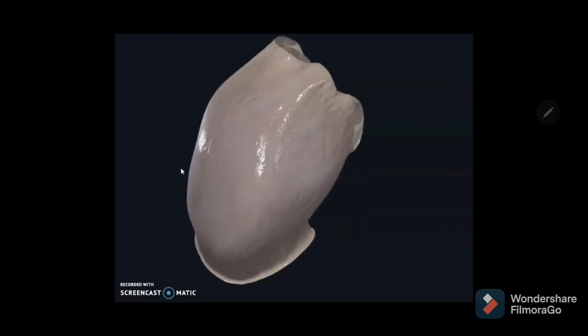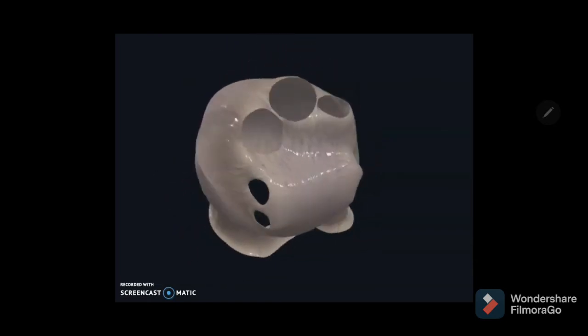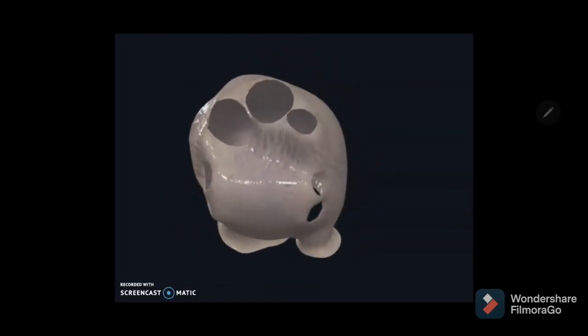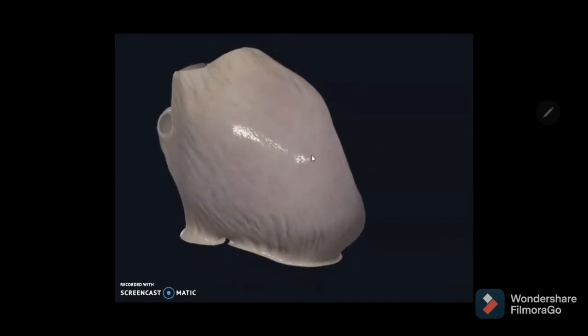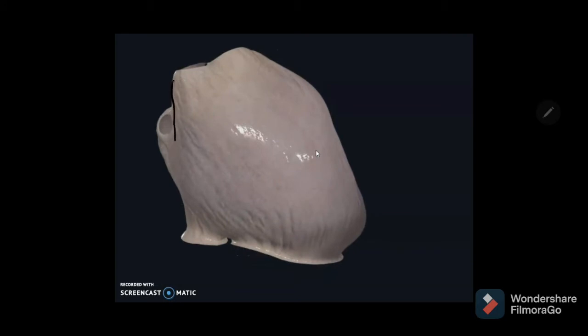It is pierced by these blood vessels, and yes, this is the conical shape we have discussed earlier. The base is broad, the apex is narrow and directed upwards. So we have discussed the definition, location, shape and extent.